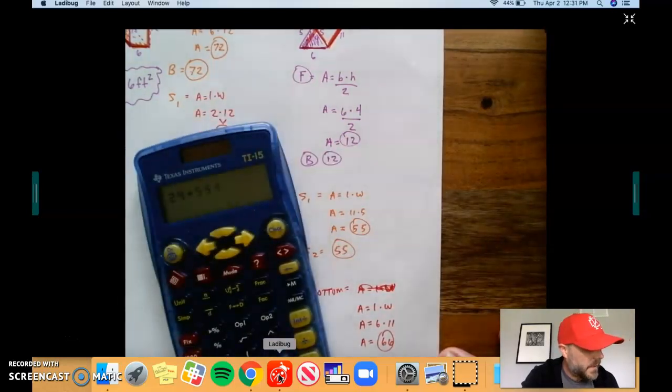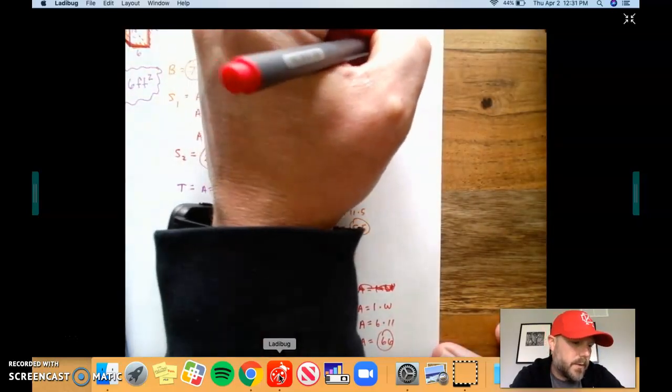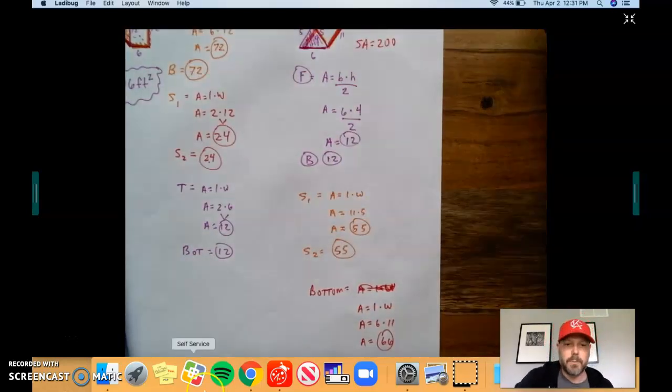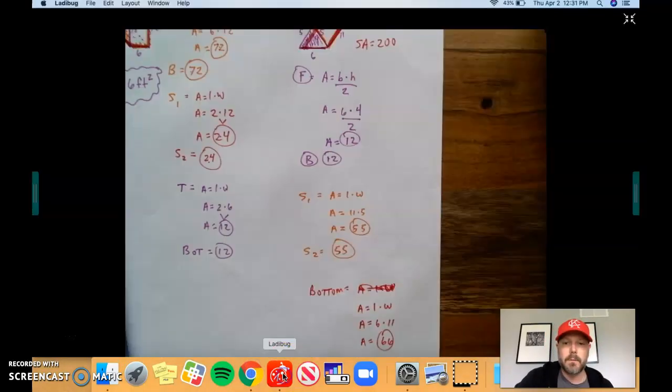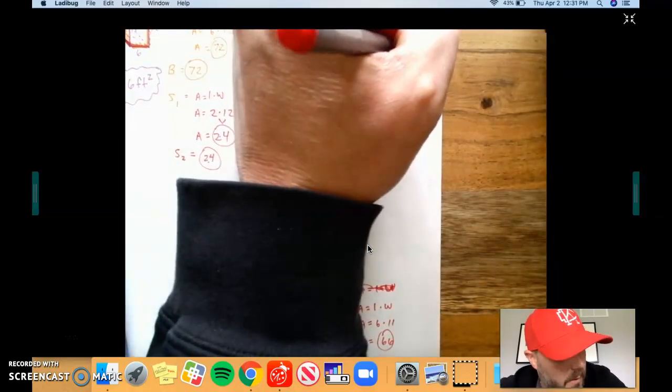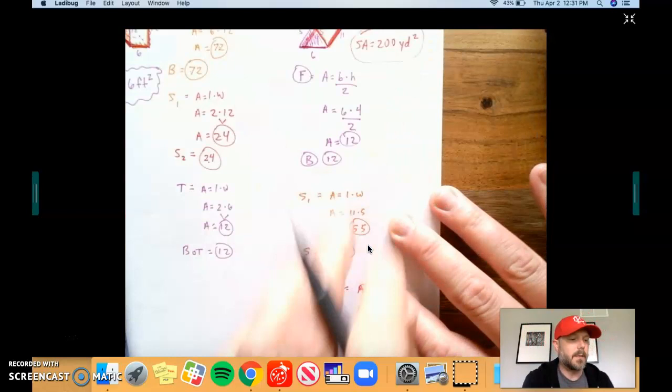Plus 55 plus 55 plus 66. That gives me a total of 200. So the surface area equals 200, and the unit of measurement on this one is in yards. So it's going to be yards squared. That is the answer here.